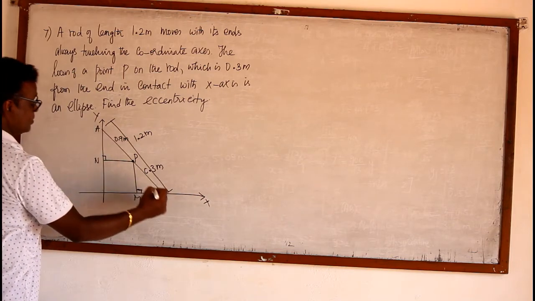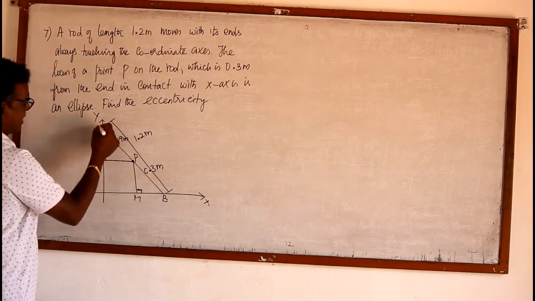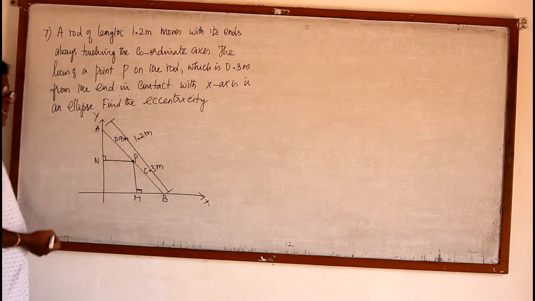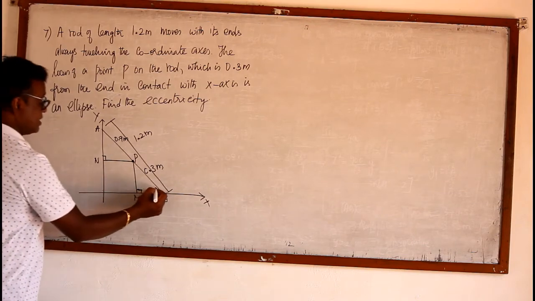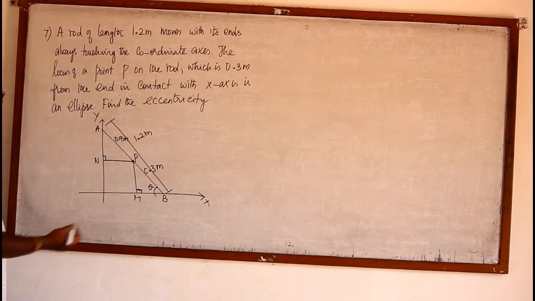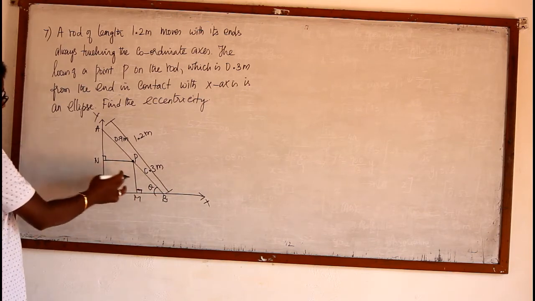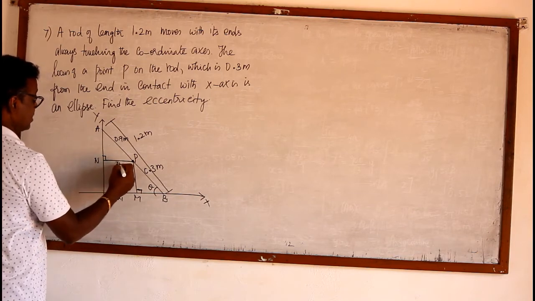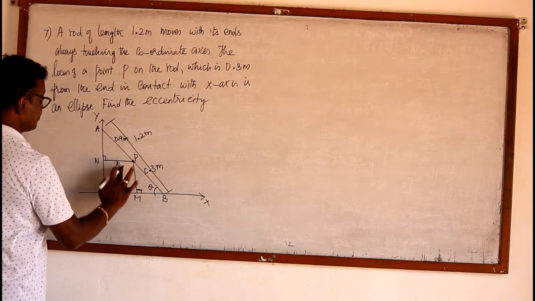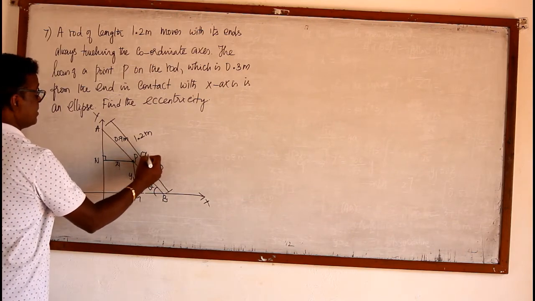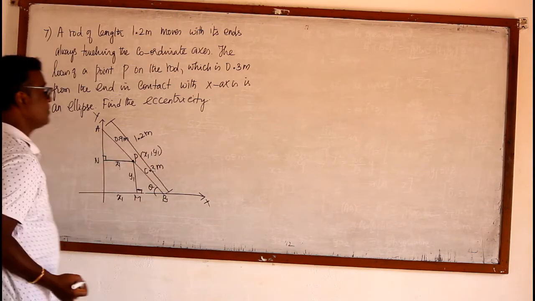So let me keep this one as A and B. So APN is a right angle triangle, and PNB is another right angle triangle, and we should keep this angle as theta. So this is the length x1, and this length is y1. So this point P is (x1, y1).